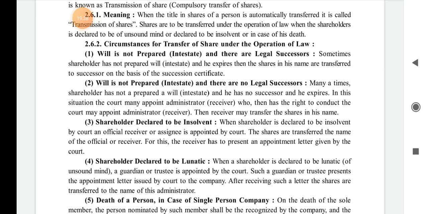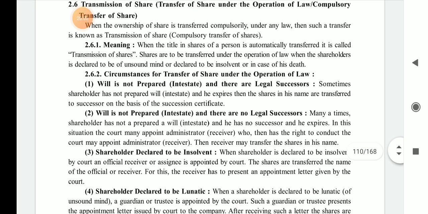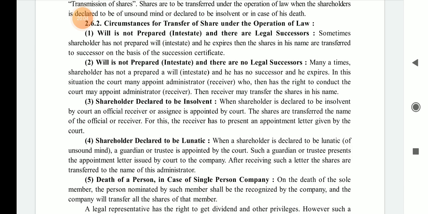This is another case where an administrator or receiver is to be appointed. The shares are transferred to the name of the official receiver. Now all the shares should be transferred to that person who is appointed as administrator of the insolvent shareholder.